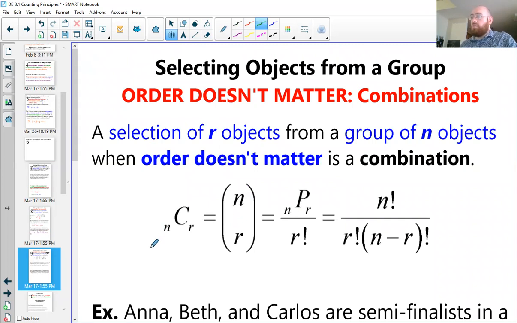First, we still have the total and the numbers selected. In this case, however, we're using a C for combination instead of a P for permutation. This notation you will sometimes see in textbooks.